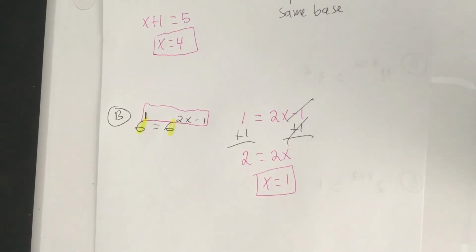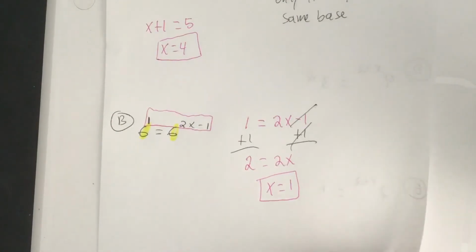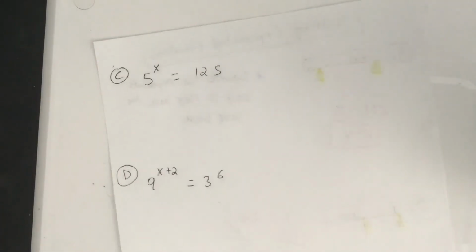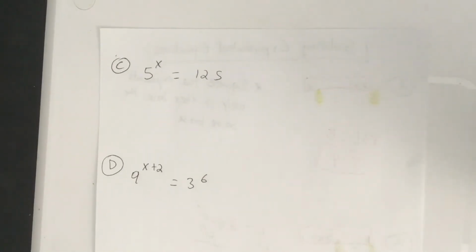All right, so now, what if you don't have the same base? Well, if you don't have the same base, you can use logs and everything like that, but sometimes you can modify it, especially in this class, because we are not going to be learning about logs. We're going to be basically trying to solve the exponential equation by using the same base. So we can modify it so we can have the same base. So what am I talking about over here?